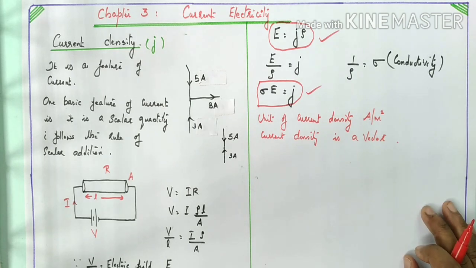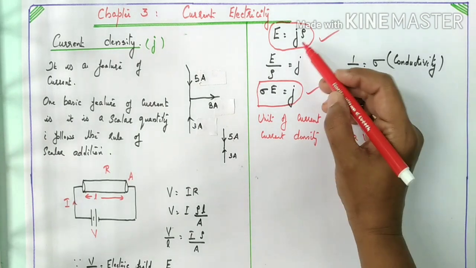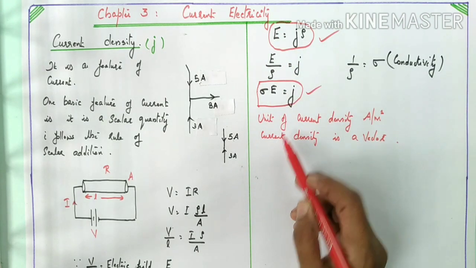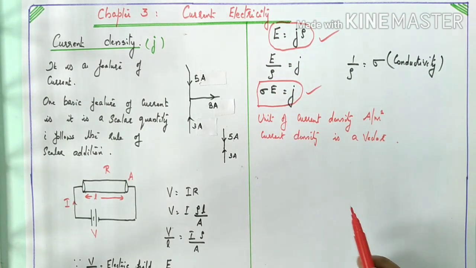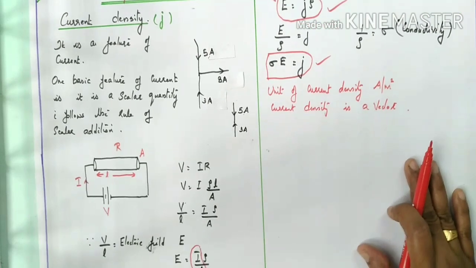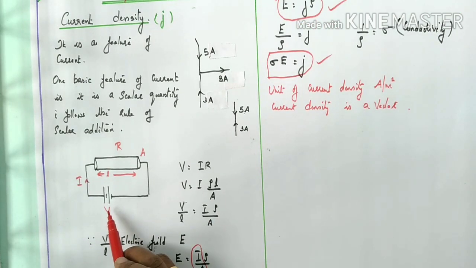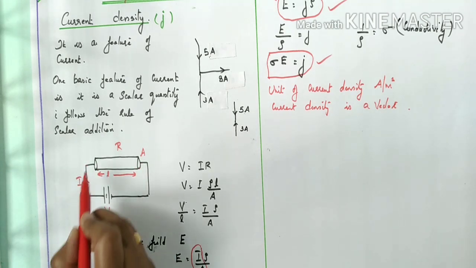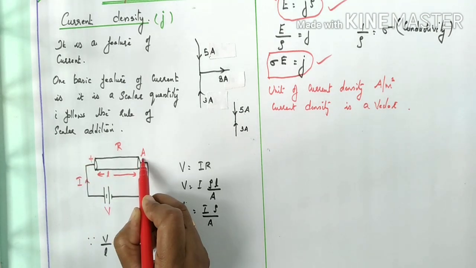What is the direction of current density? The direction of current density is the same as the direction of the electric field. What is the direction of electric field? For example, take the same figure, a conductor connected to the battery. Here this is the positive terminal, here is the negative terminal.